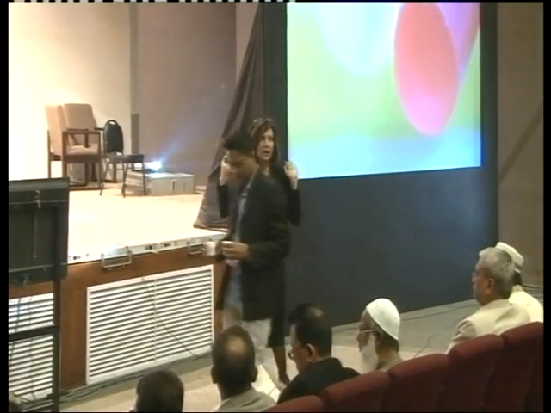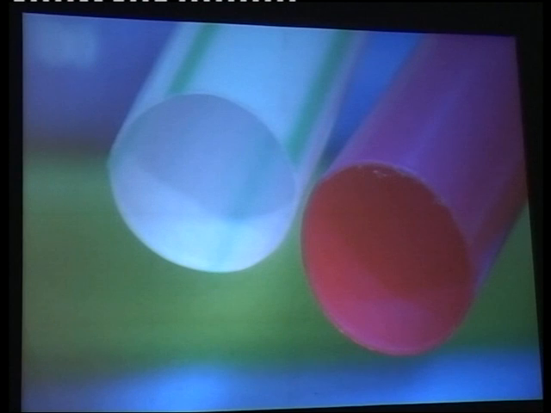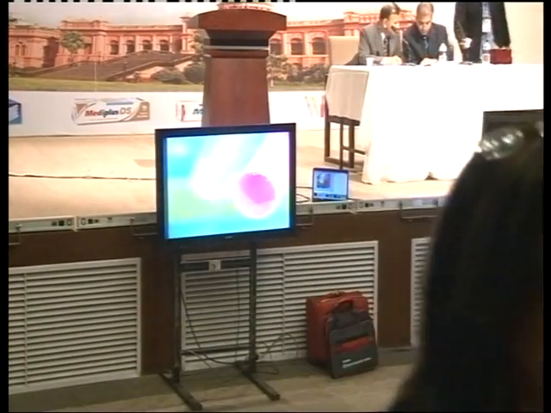Now, coming to the practical part. I'm a hardcore clinician, and I would like to do things in a way which makes my life easy. So what do you trust more while doing a posterior composite, while etching and bonding? What do you trust more, enamel or dentine?